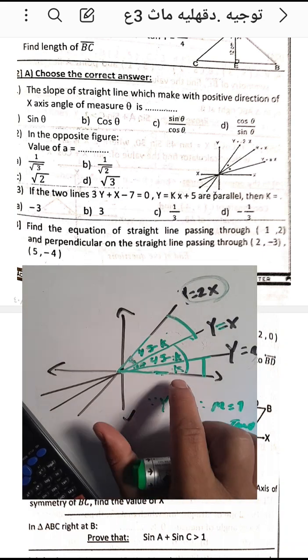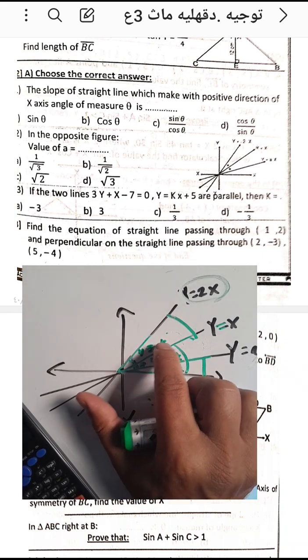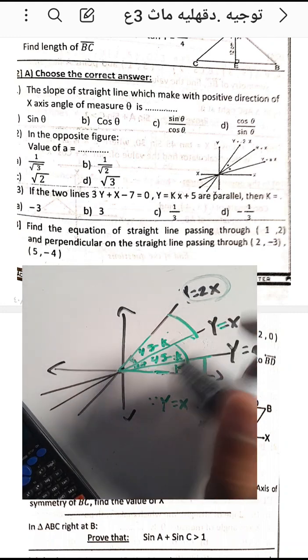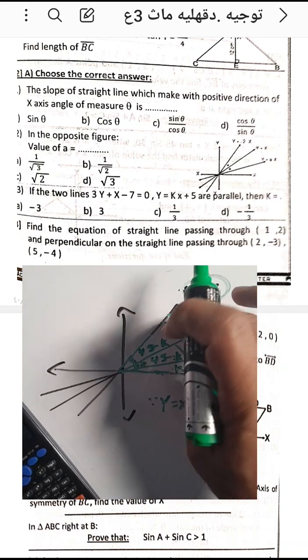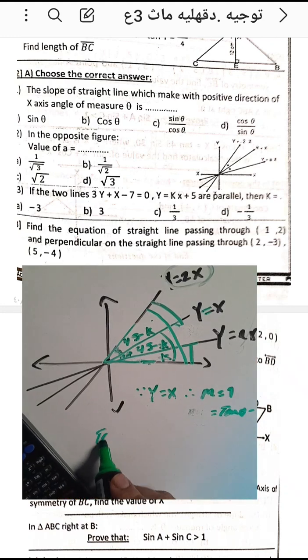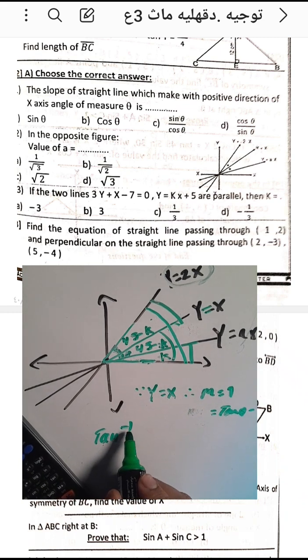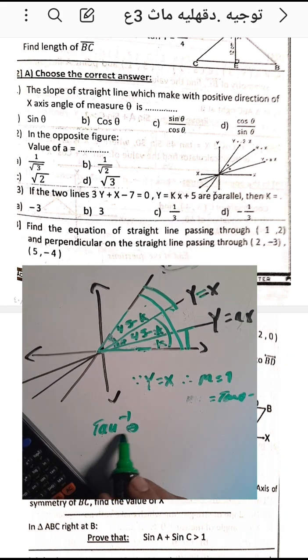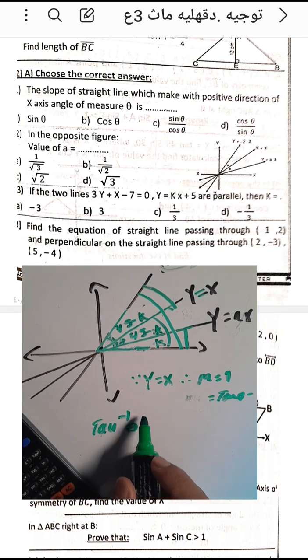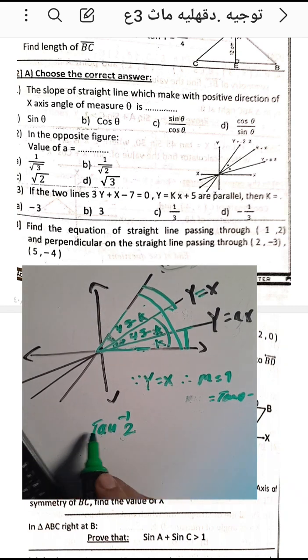Then theta equals tan to the power negative 1 of 2, shift tan 2, it will equal theta.